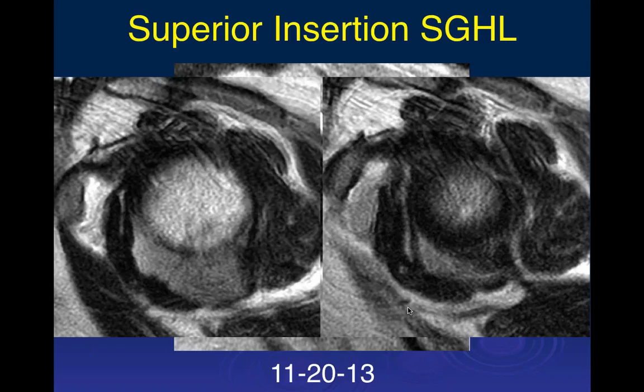That can be confusing, but it's important to follow these structures up and down to see where they come from. If you follow that triangular structure on repeated slices and go inferiorly, it went to the capsule. It didn't go back to the labrum, and therefore it was not a labral tear.